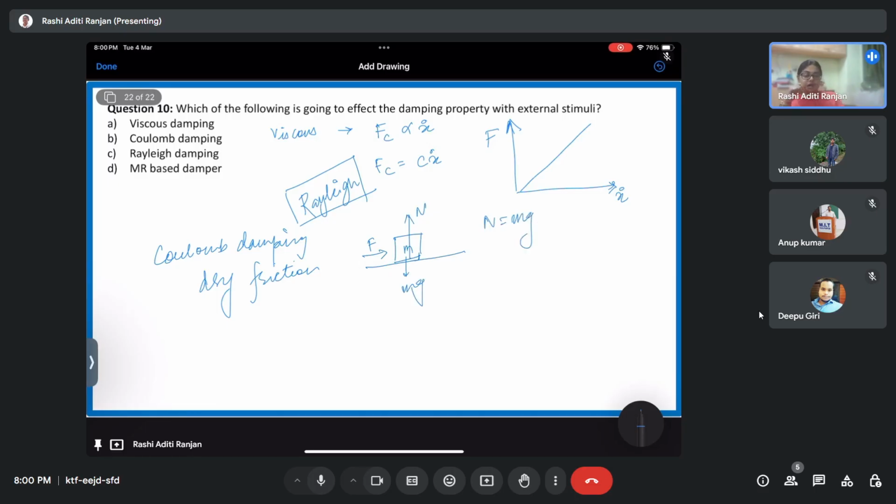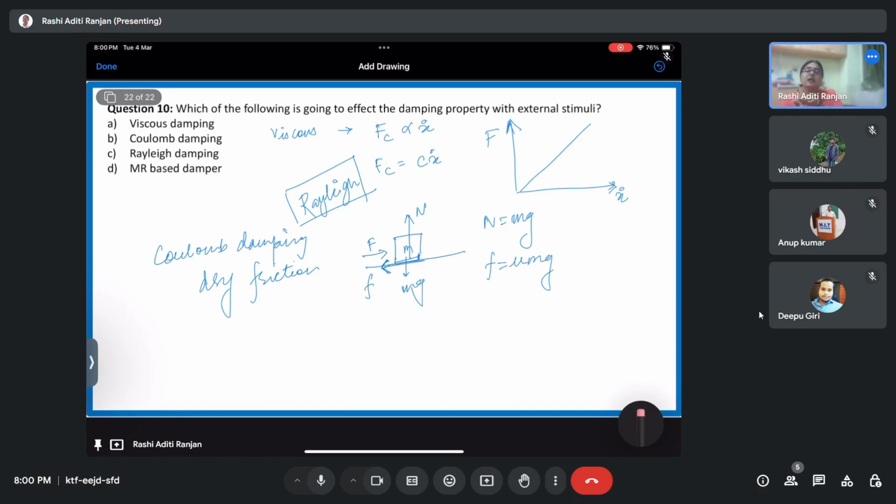If I apply a force F in the forward direction, the mass is going to encounter a friction force at the surface, which is equal to mu mg. There is going to be a reluctance when you try to apply the force. The mass is not going to slip away, right?